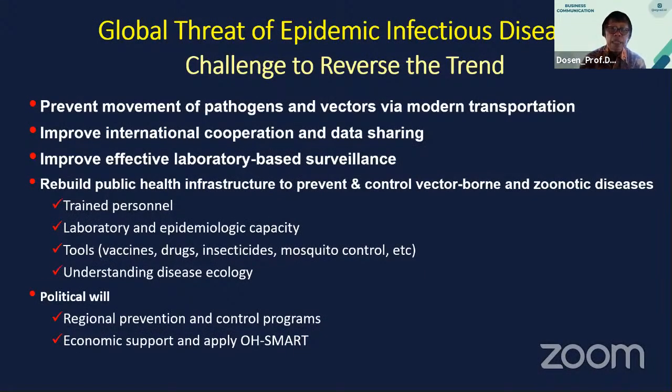To prevent the disease, we should have a strong program to prevent movement of pathogens and vectors via modern transportation. This is very important. The spreading of the disease from one country or place to another is because of pathogens or vectors moving through modern transportation.